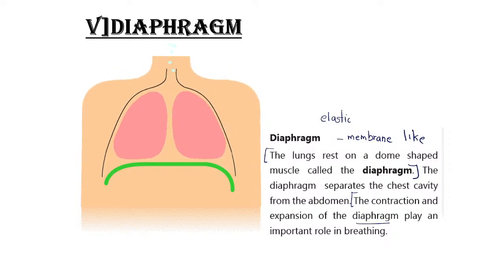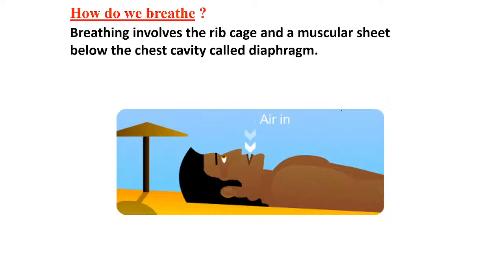Okay, so let's see and understand the breathing mechanism now. How do we breathe? As I already told you, inhalation and exhalation is termed breathing. So when we breathe in air, what happens? You can do this activity right now with me. Keep your hand on your chest and see.